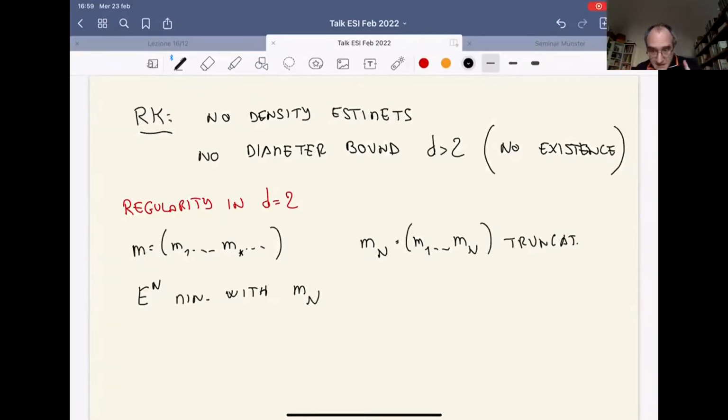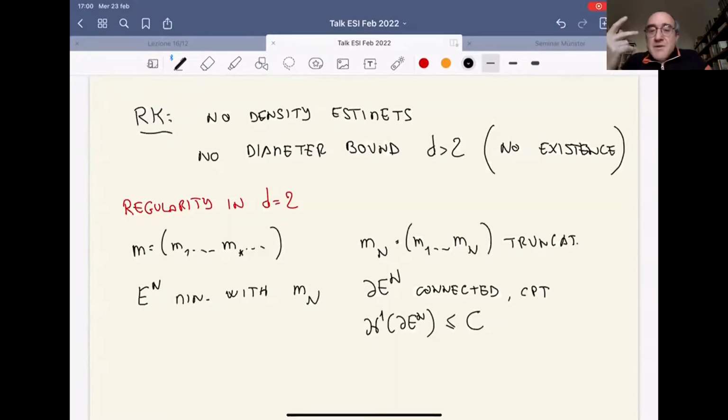But now you observe that the boundary of E_n is very regular, it's a bunch of pieces of circles. In some sense, it's regular, and in fact, it is connected, compact, and H1 of the boundary of E_n is equal to the perimeter, so it's uniformly bounded. Now in 2D, this class of objects is compact: connected, rectifiable sets with H1 bounded and compact form a compact class.